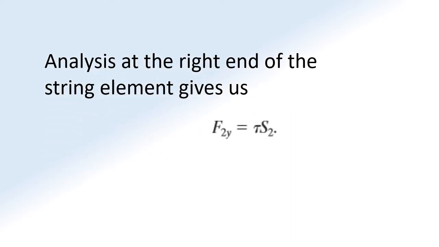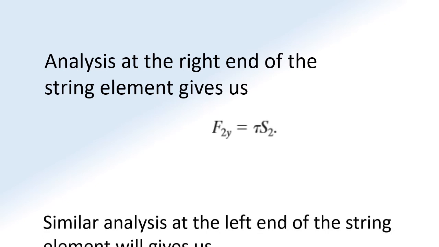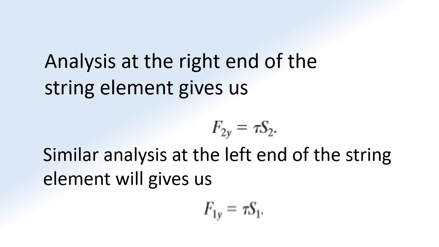As we have analyzed the force F2 on the right end of the element of the string, we get F2y equals tension T into S2. Similarly, the same analysis on the left end of the string element gives us F1y equals tension T into S1.